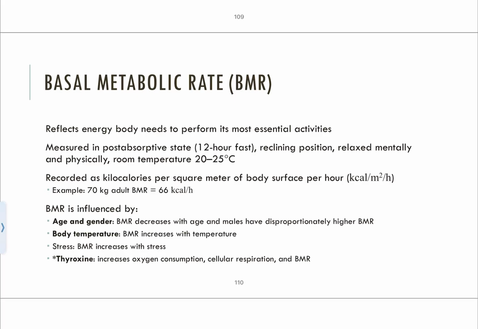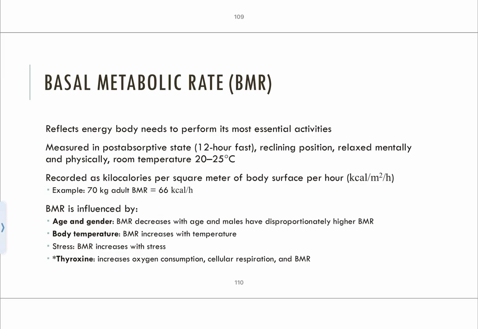So that brings us to our basal metabolic rate. And the basal metabolic rate, or our BMR, is going to reflect the energy the body needs in order to perform most essential activities. So when we're talking about essential activities, we're talking about things like breathing, helping maintain resting levels of organ function, and that's why we call it the basal metabolic rate.